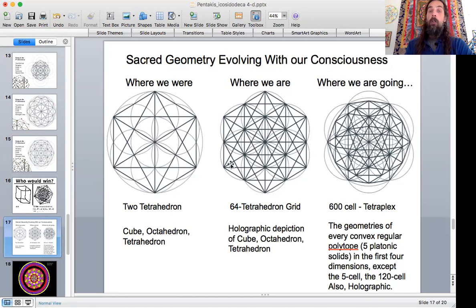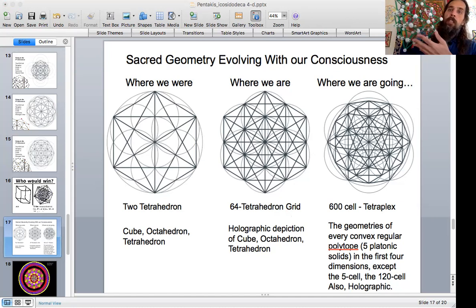And then what's happening now, through the work of scientists that are popularizing the 64 tetrahedron grid, the star tetrahedron of this design, which essentially is this pattern that I'm showing you here, which is not the 64 tetrahedron grid. This is the golden rhombus version of it. This is the cube, an amped up cube.